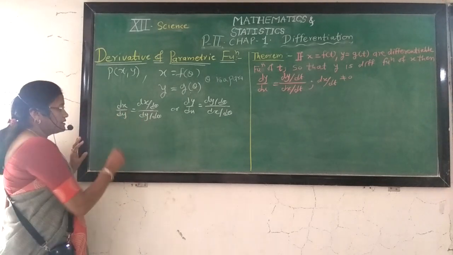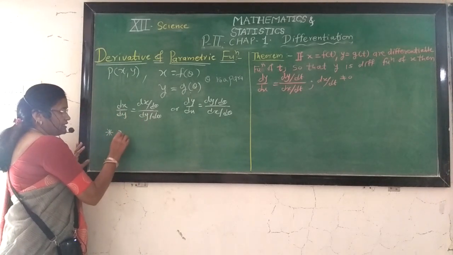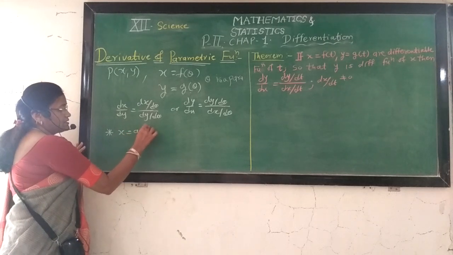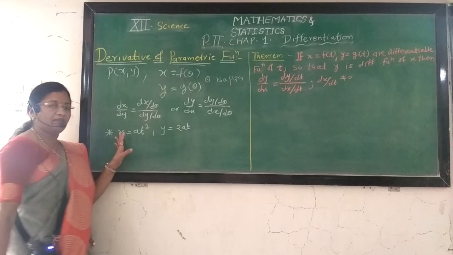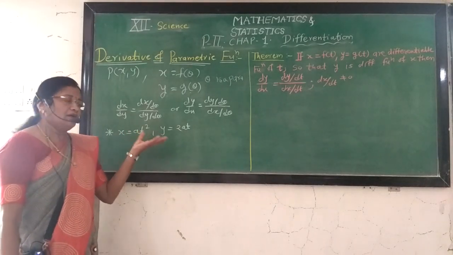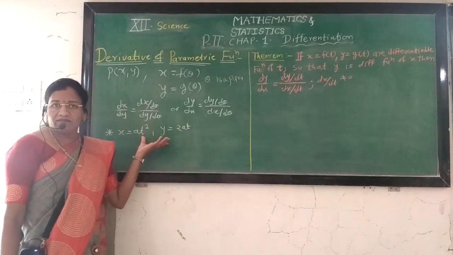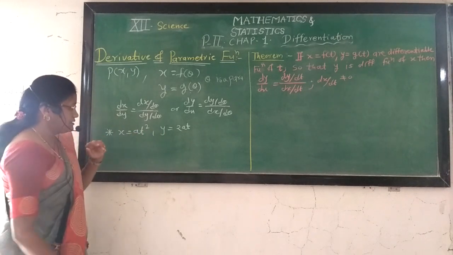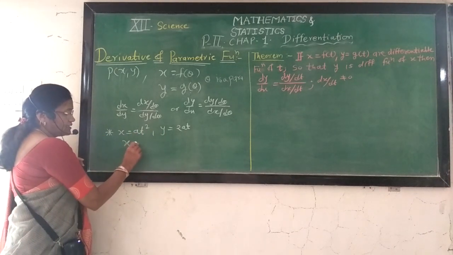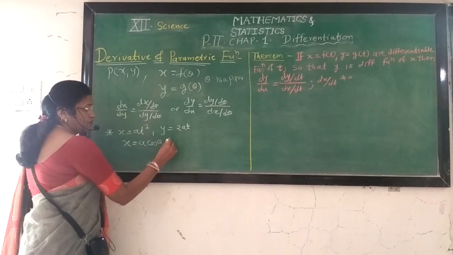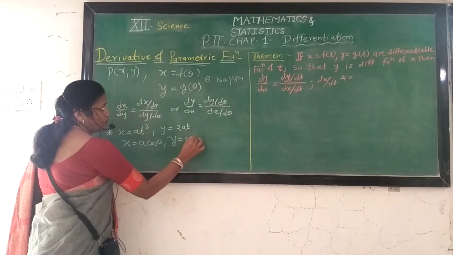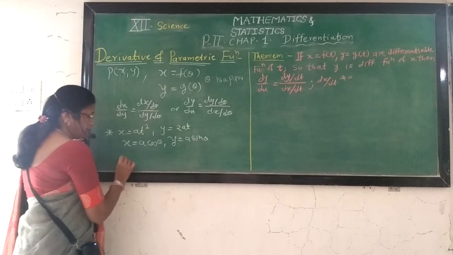Now for the parametric equation, we take an example: x is equal to at square, y is equal to 2at. These are the parametric equations of a parabola. Again, we have seen this in 11th standard. For a circle, the parametric equation is x is equal to a cos theta, y is equal to a sin theta.